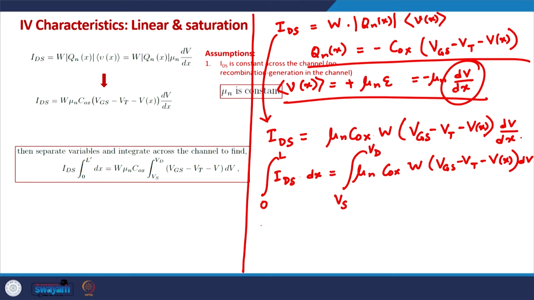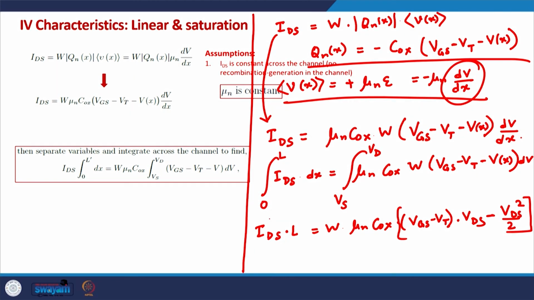So, this will give us IDS times L is equal to W times mu n Cox, Vgs minus Vt times VDS minus VDS square by 2.